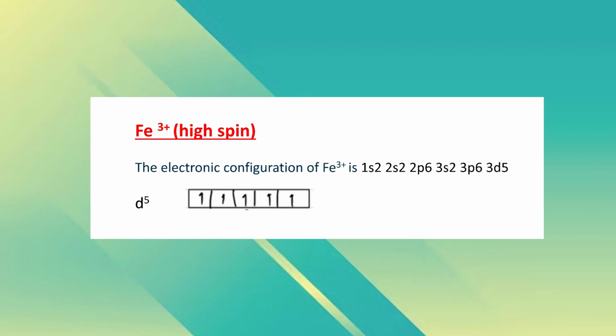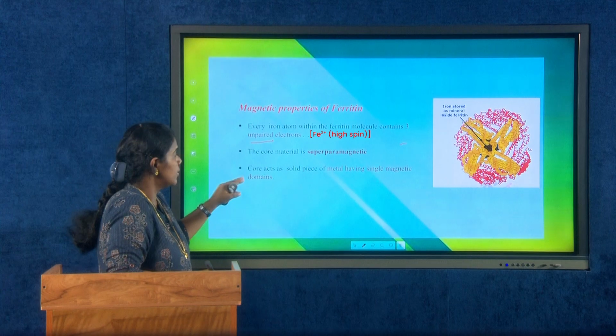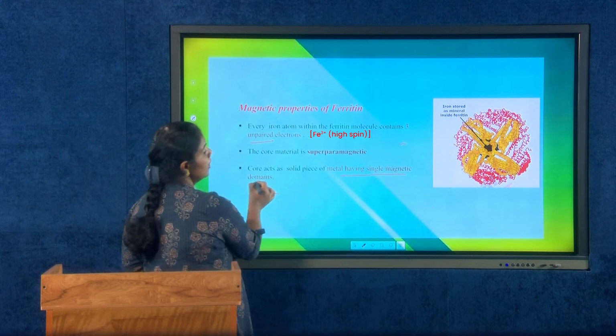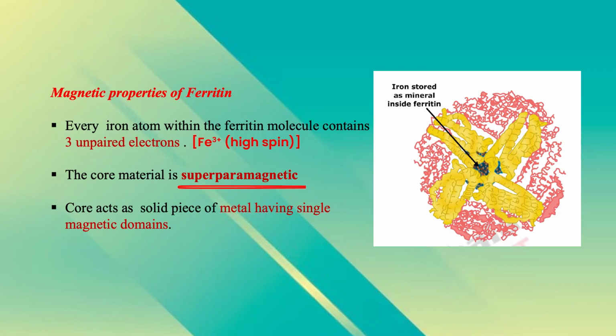The internal iron core in the nanodomain contains Fe3+ ions whose individual high spins couple in a way to create a superparamagnet at ambient temperature, and hence this core material is superparamagnetic. The core acts as a solid piece of metal having a single magnetic domain.